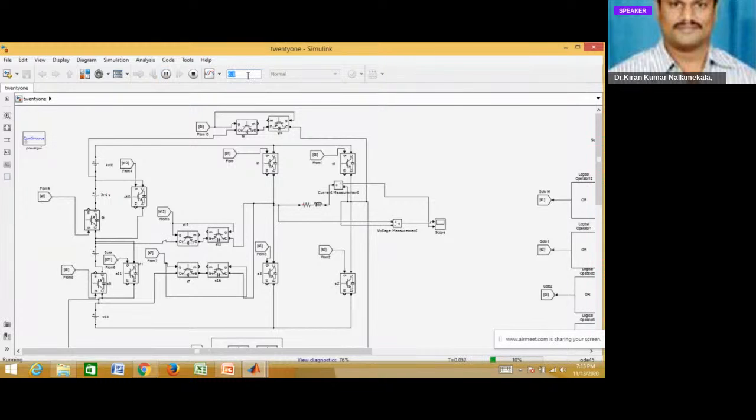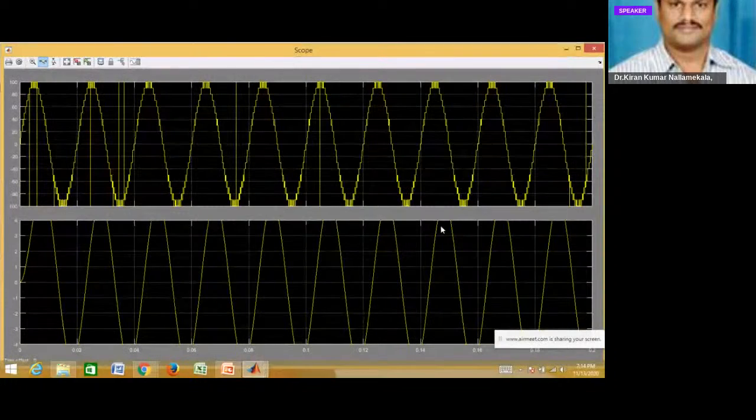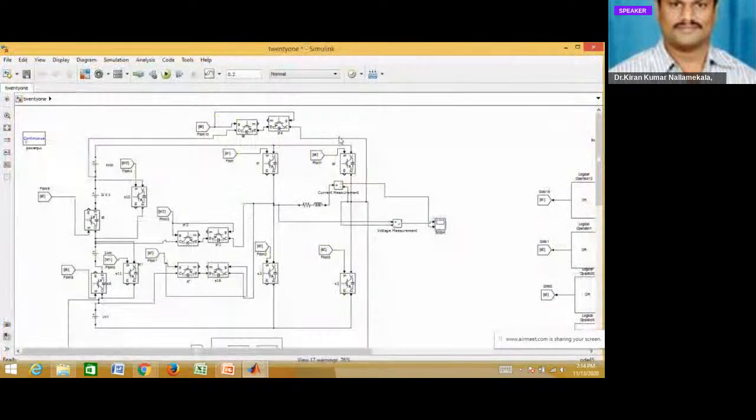So you can take 0.2, that is sufficient, and see the current component. See how sinusoidal it is.